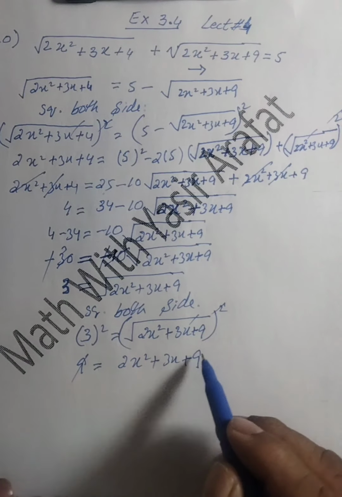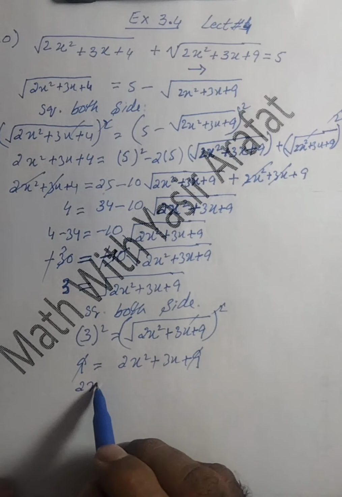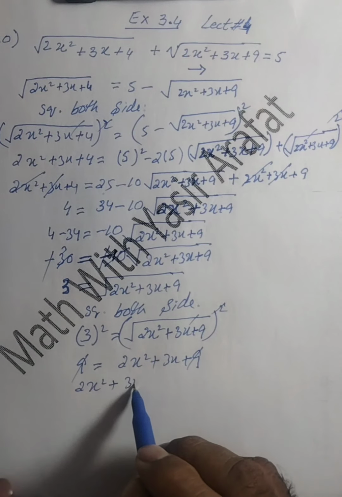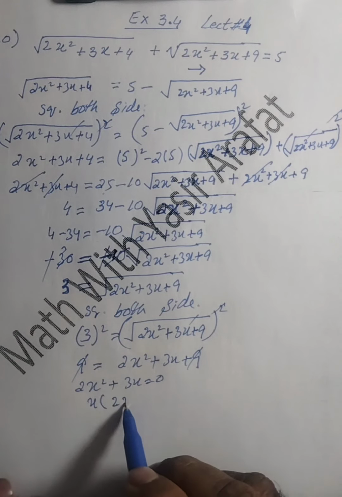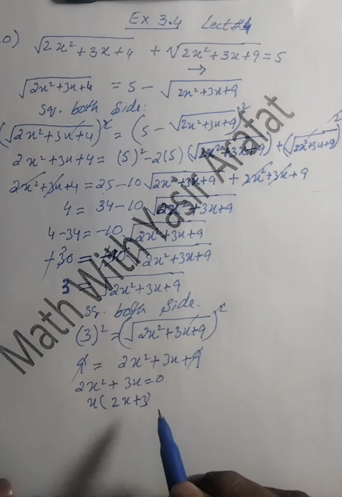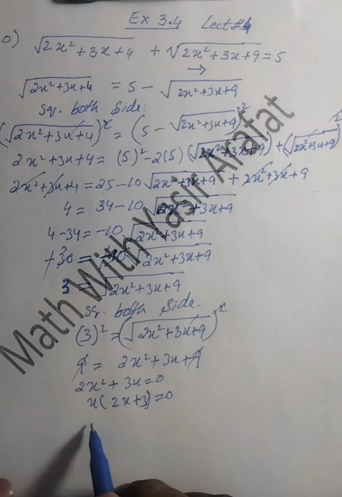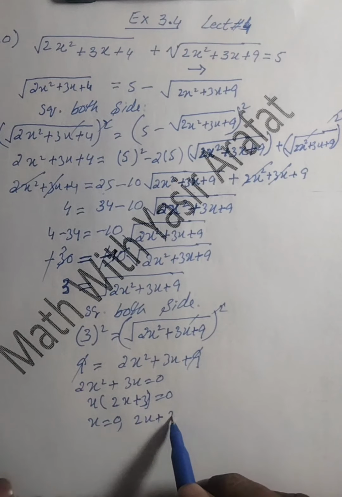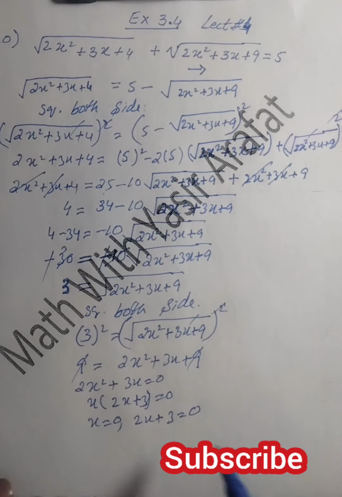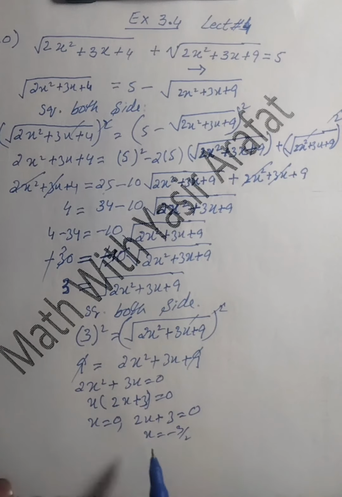So this 9 is cancelled out to this 9. 2x square plus 3x equal to 0. Take out x common. So this is x times 2x plus 3 equal to 0. Now x is equal to 0, and 2x plus 3 equal to 0, and x is equal to minus 3 upon 2.